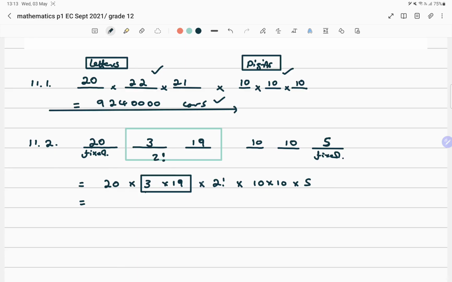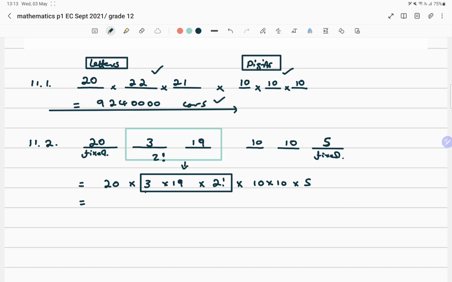This block is going to be multiplied by 2 factorial, because there's 2 factorial ways we can do this little block right here. So please guys, that is the one part to make sure you get right.